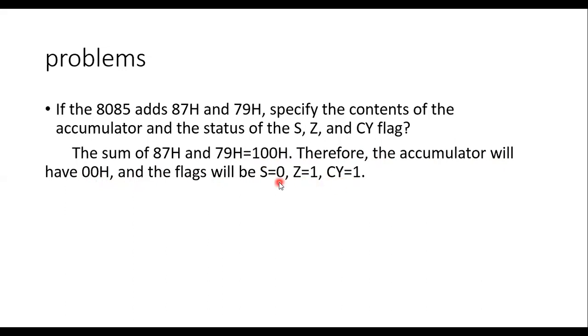Okay. Then the sign flag, since it is positive, is 0, and the zero flag is set to 1. Like that, we can solve the problems. Okay. Thank you, students.